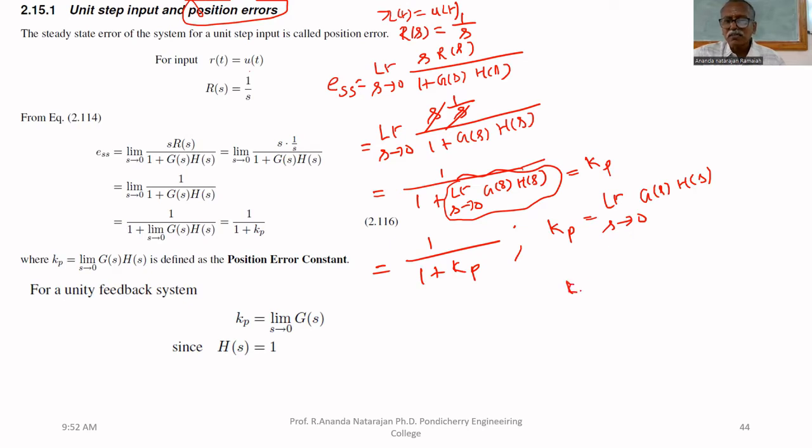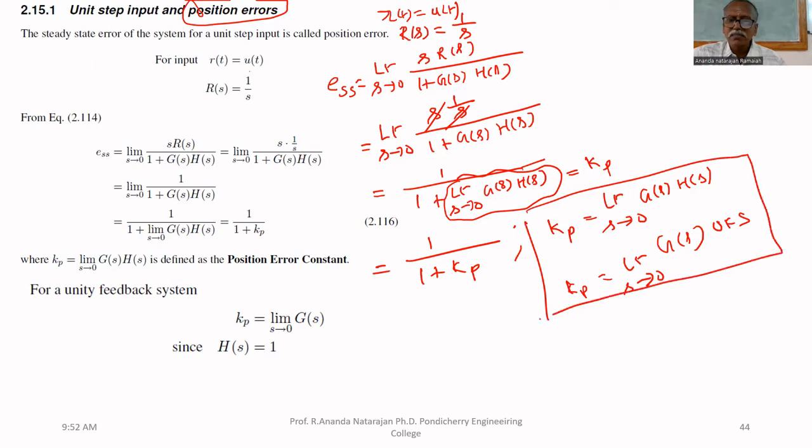For a unity feedback system, Kp equals limit s tends to 0, G of s. That Kp is called the position error constant.